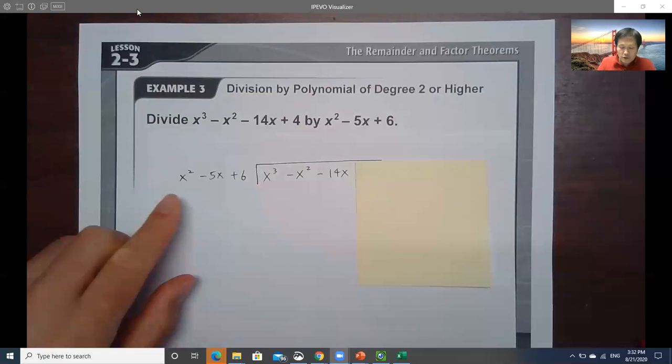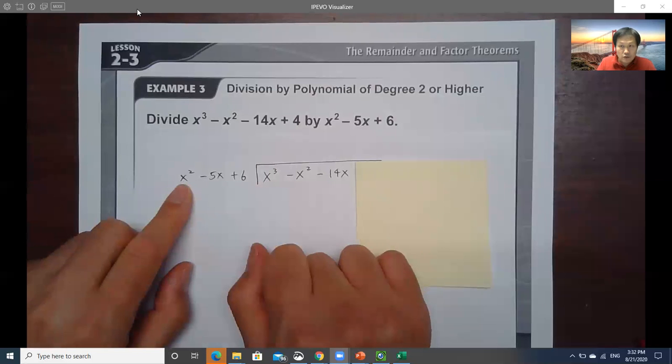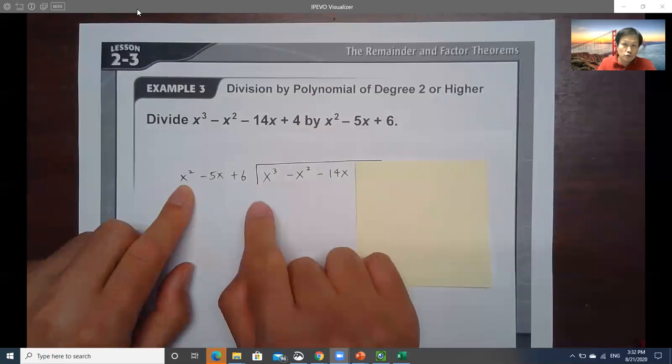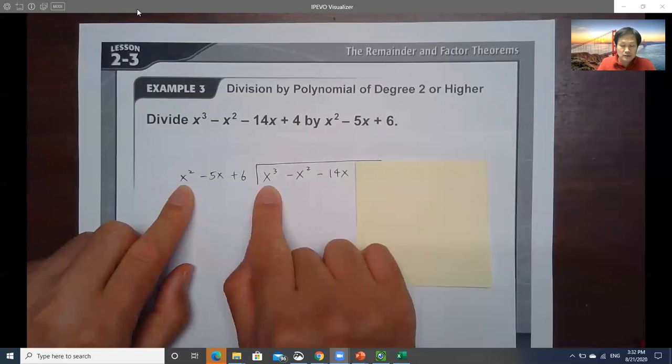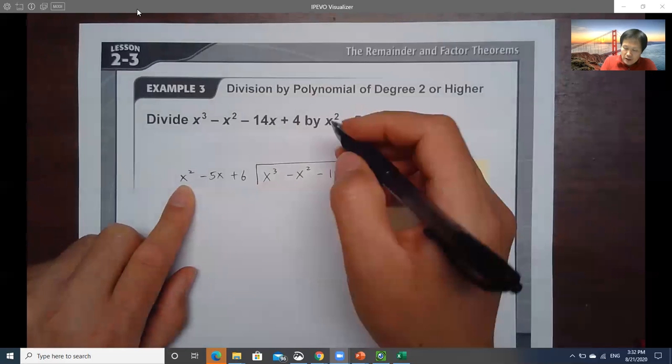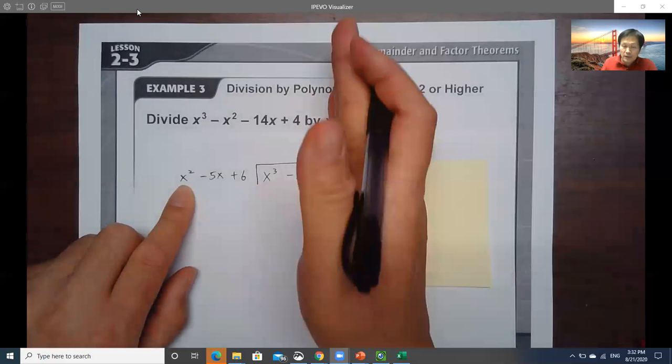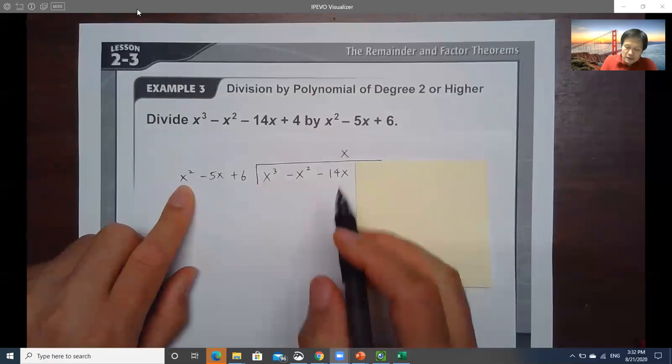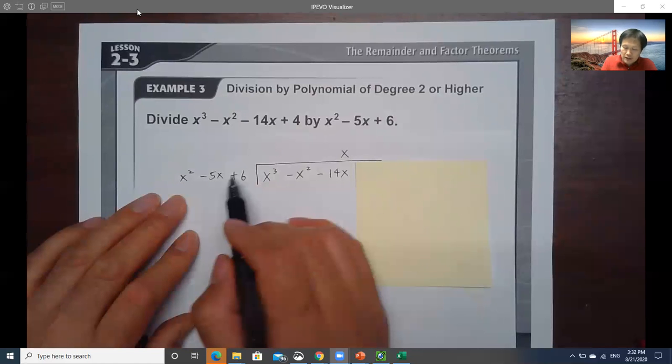First term to first term. What do I multiply to x squared to match x cubed? X. Where do I write x? Where the x appears here. So x here, line them up. Now you're multiplying by x, multiplying by x, multiplying by x, and writing it in here.